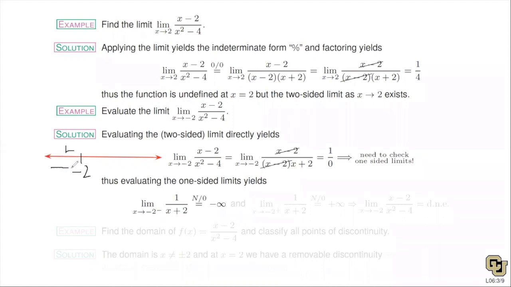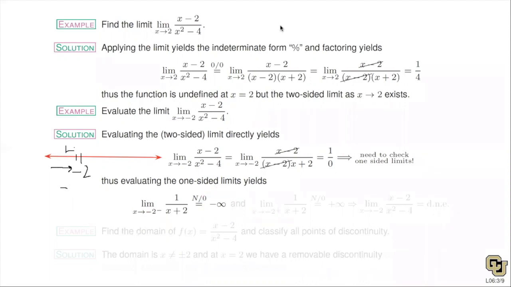I want to pick a number to the left of -2, but very close, so I'm going to pick -2.1. Plug in -2.1 right here. This whole thing is negative. Here, the form is a number over 0 when you plug it in, and it's a one-sided limit, so this is either plus or minus infinity. And because this is negative when you plug in -2.1, my answer for the limit here is that it goes to minus infinity.